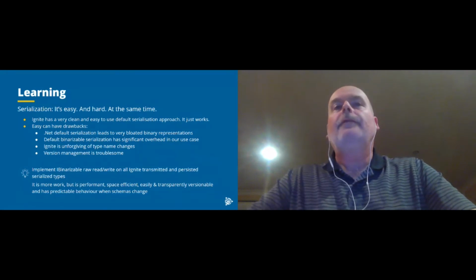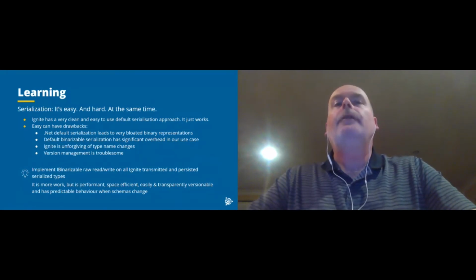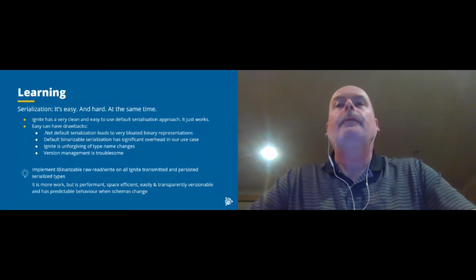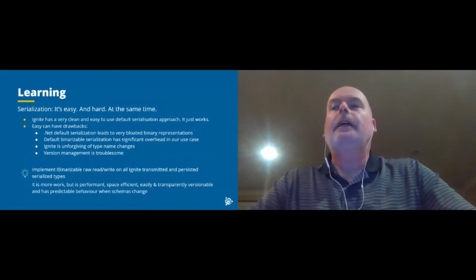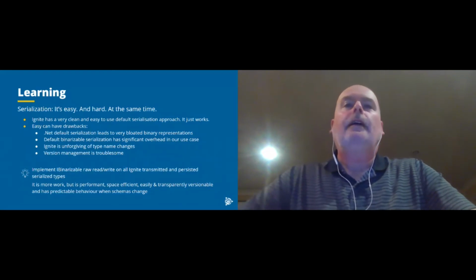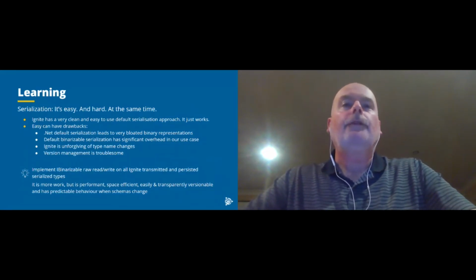Ignite's also a little bit unforgiving if you change the name of a type. Things go sideways a wee bit. And version management is a little troublesome. That's not to say that it can't be done. It's just that schematically, there's a bit of ceremony involved.